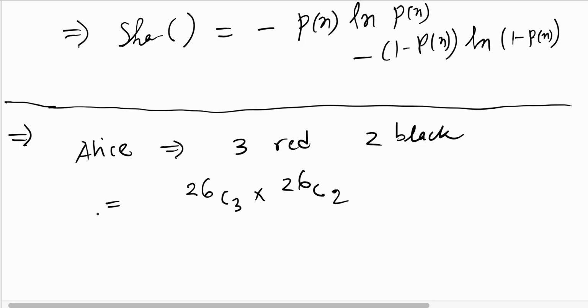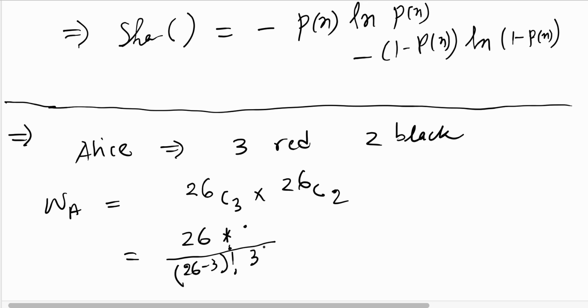So it's the total number of microstates of Alice, meaning that many ways Alice can pick simultaneously 3 red cards and 2 black cards. So it will be 26 factorial by (26 minus 3) factorial into 3 factorial, into 26 factorial by (26 minus 2) factorial into 2 factorial.